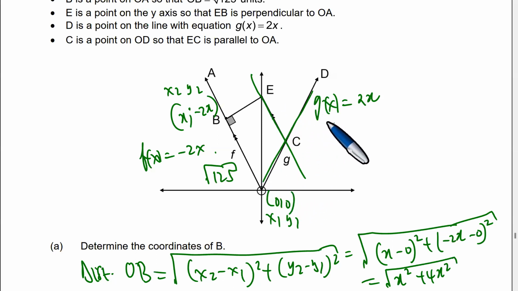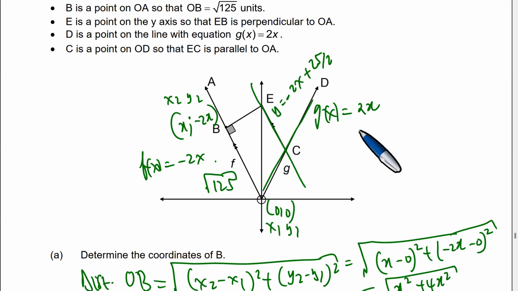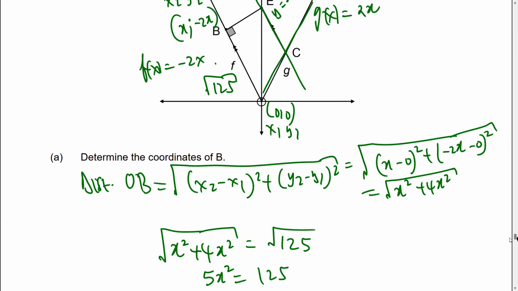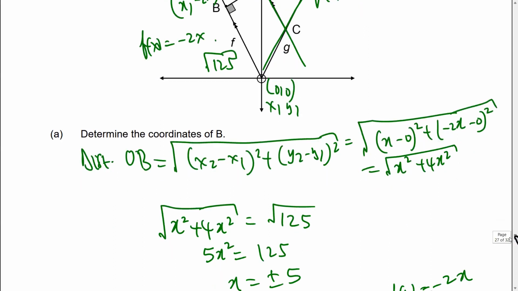So obviously this one is g of x equals 2x, but this one has the equation y equals -2x plus 25/2. So they intersect. So we need to find the point of intersection for C. So we're going to find the point of intersection just below.